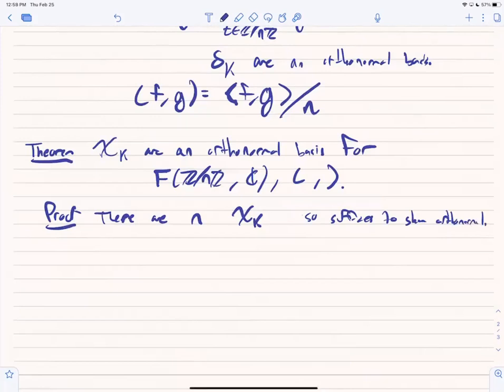Orthonormality implies linear independence. And so if you have n linearly independent functions in an n-dimensional vector space, they're a basis. So this n is equal to the dimension of the vector space.